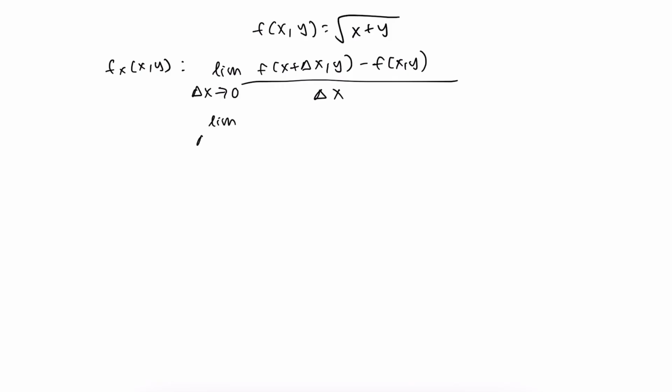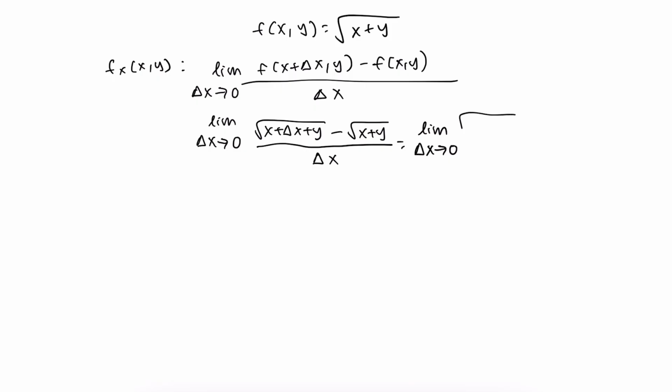So if we actually plug in our variables, so instead of x, we're going to do x plus delta x, plus y, and then minus just f of x comma y, which is what we already have. And this might look a bit confusing, but all we have to do is conjugate it, and it becomes relatively simple afterwards.